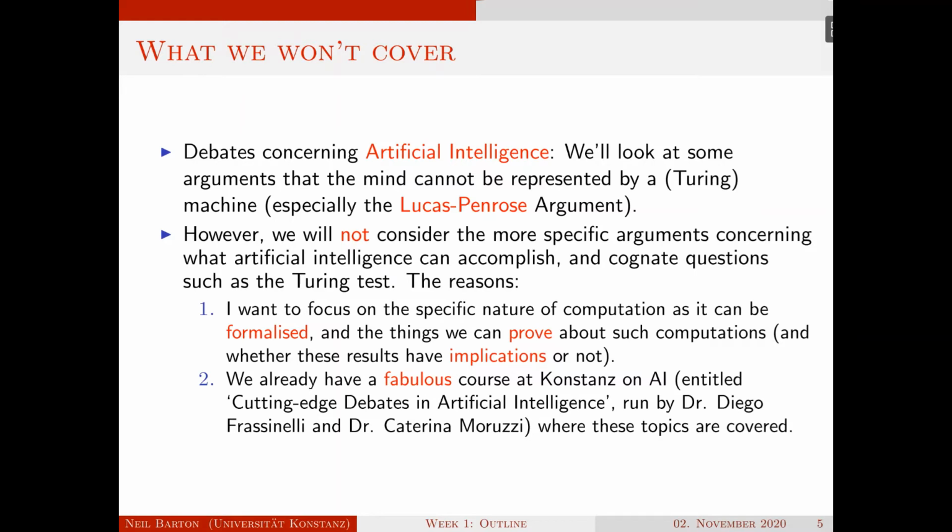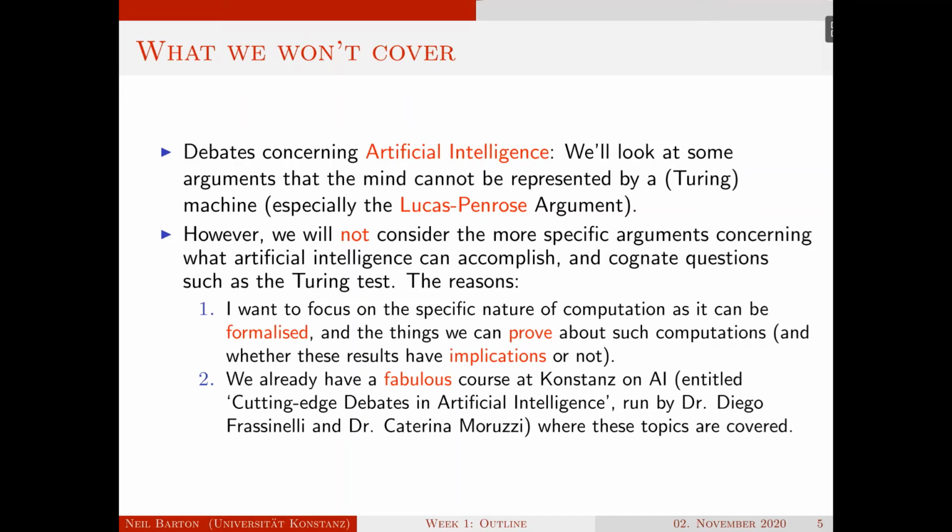So while we will look at some arguments that the mind cannot be represented by a Turing machine, we'll especially consider the Lucas-Penrose argument here. I'm not going to go too deeply into debate surrounding artificial intelligence, what it can accomplish, and cognate questions such as those surrounding the Turing test.